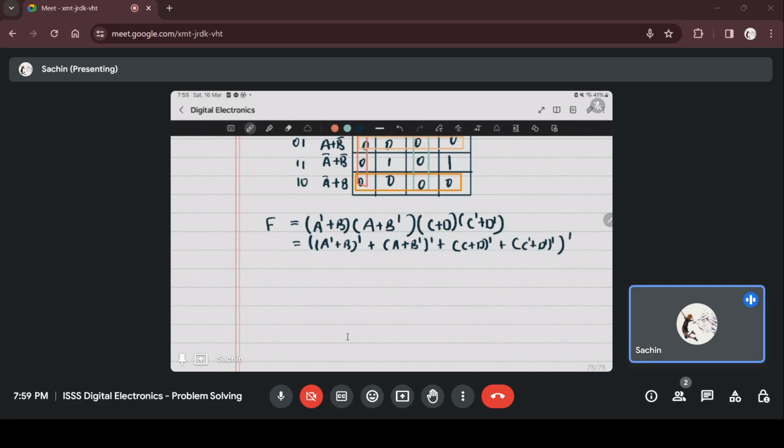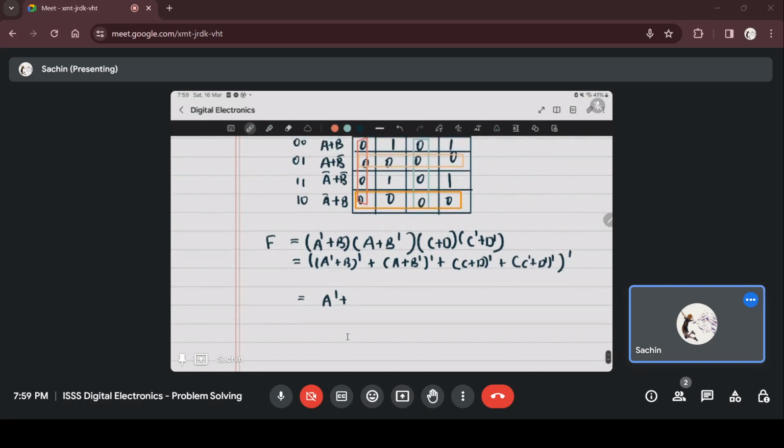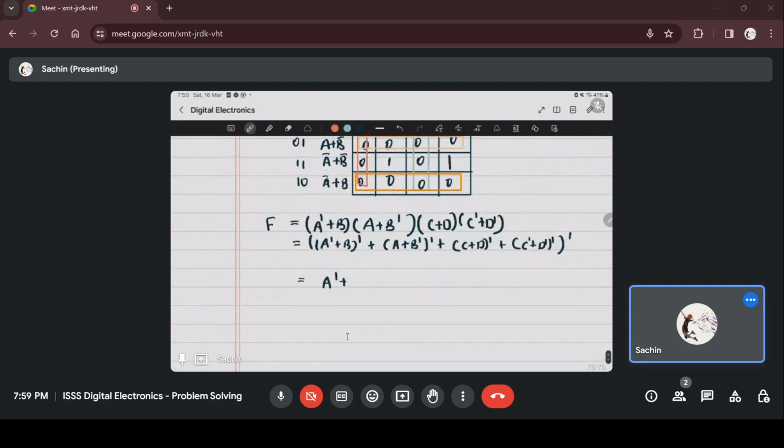So what you can do is write this as A prime plus B whole prime plus A plus B prime whole prime, and C plus D whole prime plus C prime plus D prime whole prime, complemented.